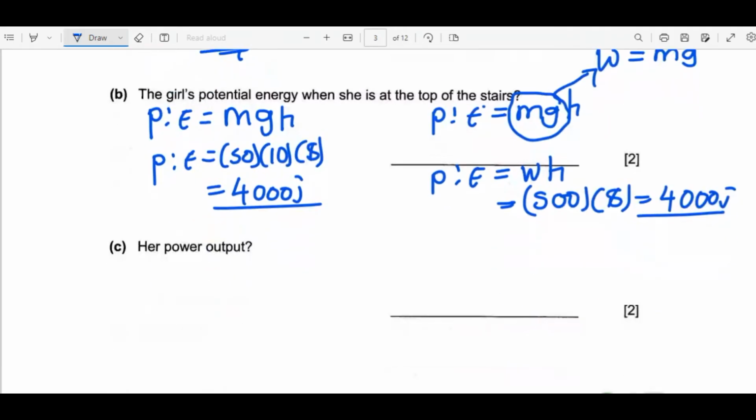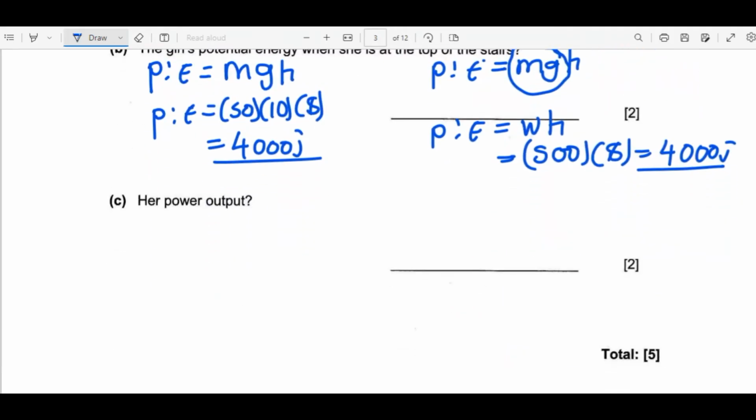Then we have question C. Question C, we are told to find the power output. So power is equal to work done divided by time. Now, in a case like this one, we have not calculated the work done, so the potential energy must be used as the work done. So that's what we are going to use here.